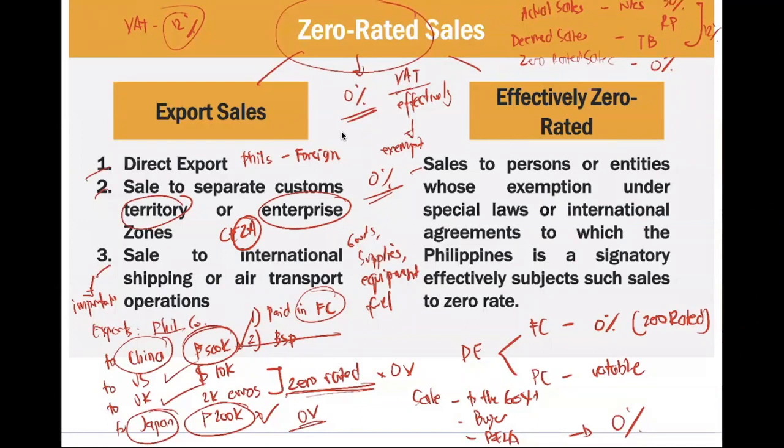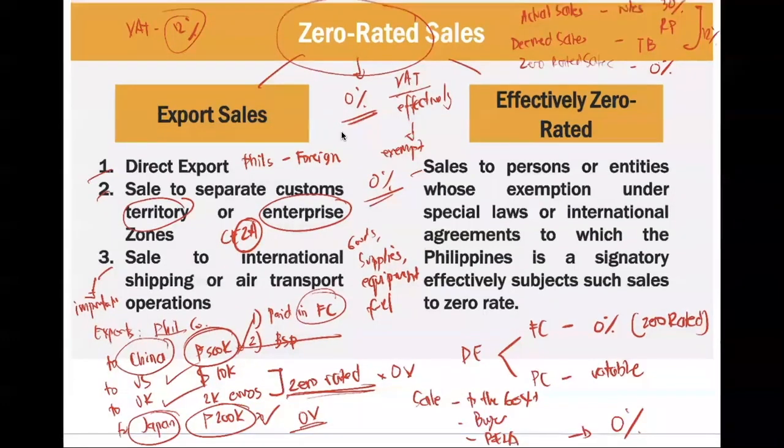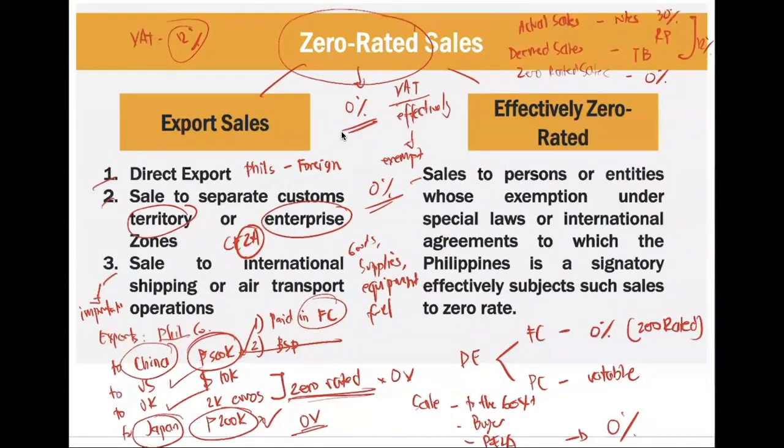So different sales. You need to look whether that sale is considered an actual sale, a deemed sale, or an export sale. Remember, actual sale, subject to 12% output VAT. Deemed sale, subject to 12% output VAT. Zero rated sale, subject to 0% output VAT. So we're done with the first zero rated sale, export sale.